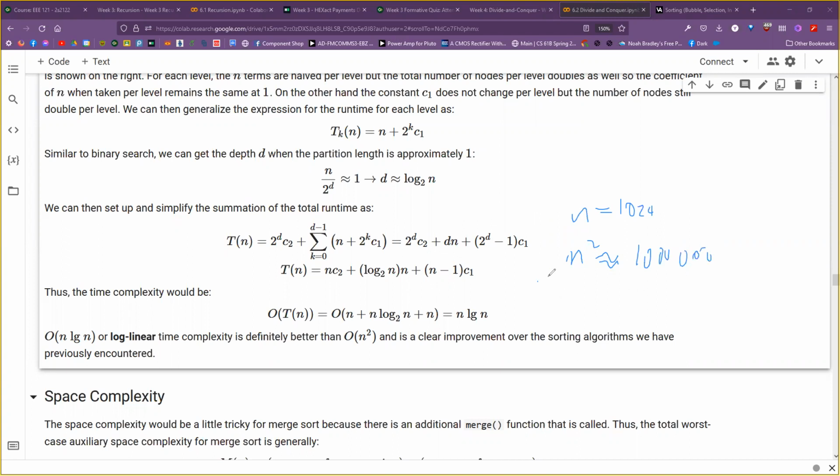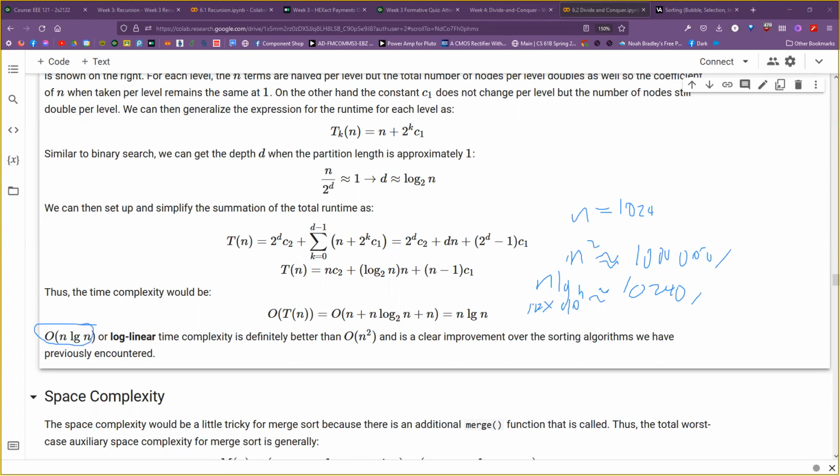But for n log n, this is just 10 times 1024. So this is approximately 10,240. So compare mo naman si 1 million kay 10,000. So mas malaki or mas mabilis talaga si n log n.